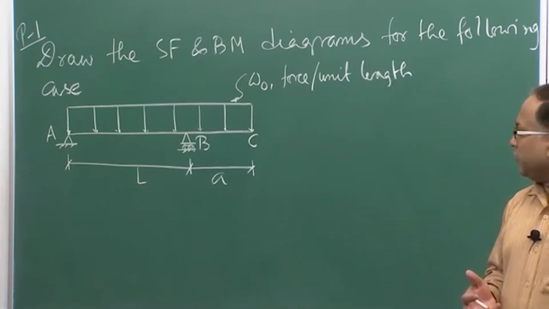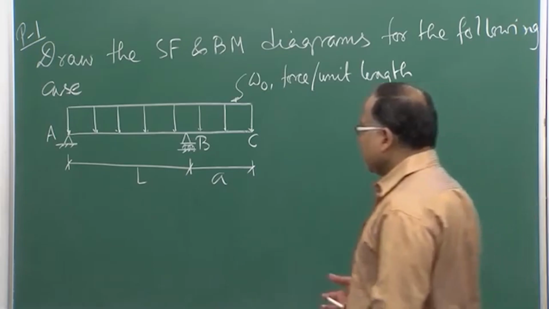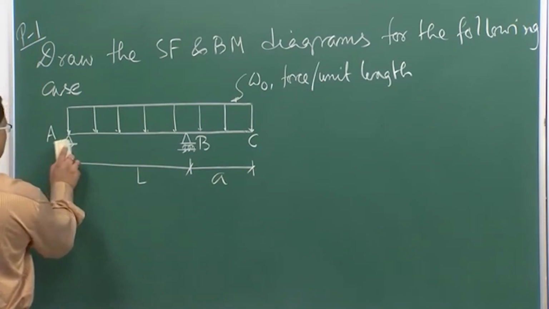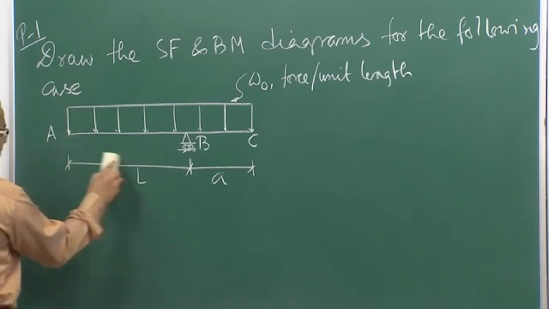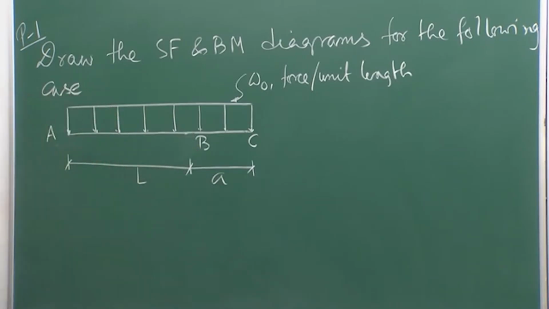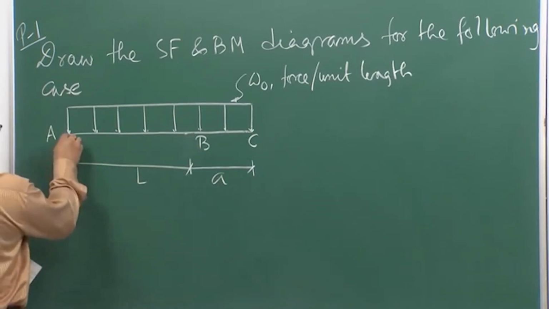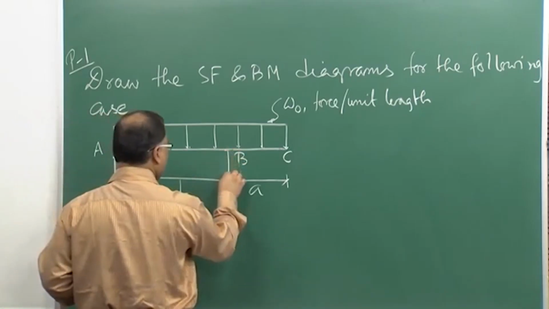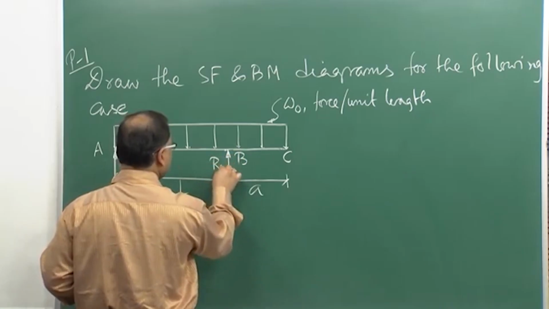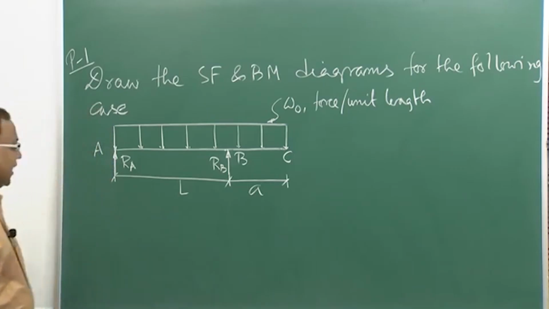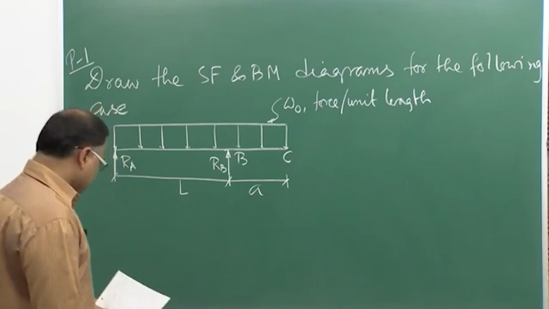To draw the free body diagram, you generally replace the supports with the reaction forces like RA and RB. There is no horizontal reaction at A because there are no horizontal external forces.